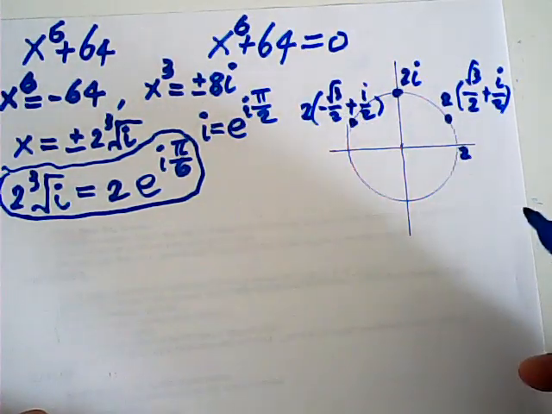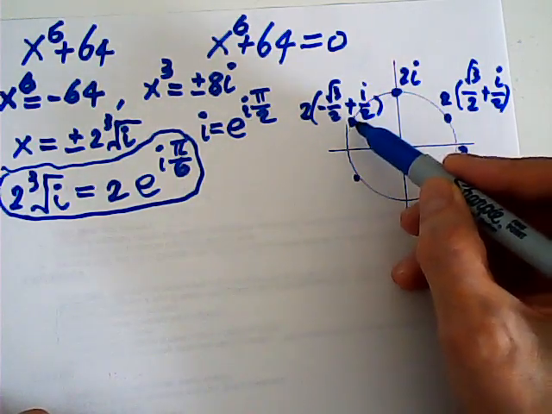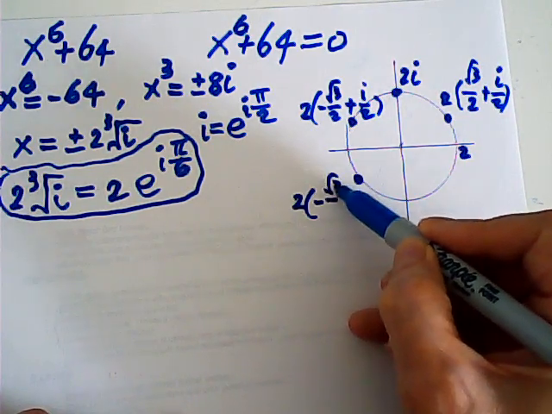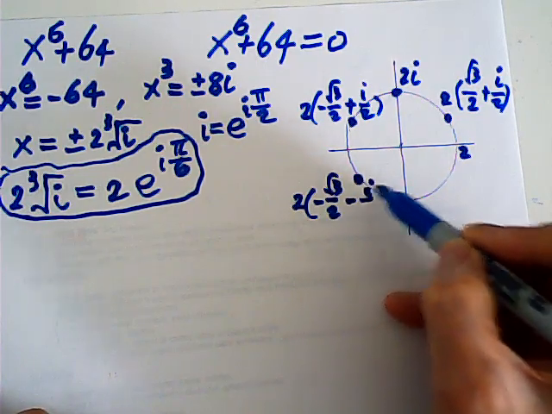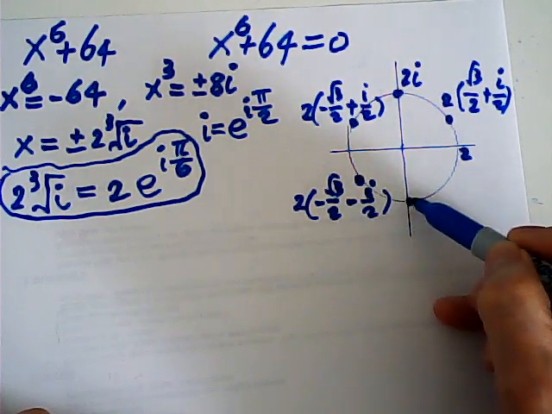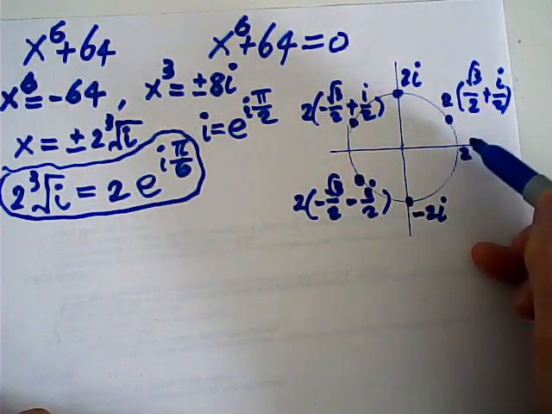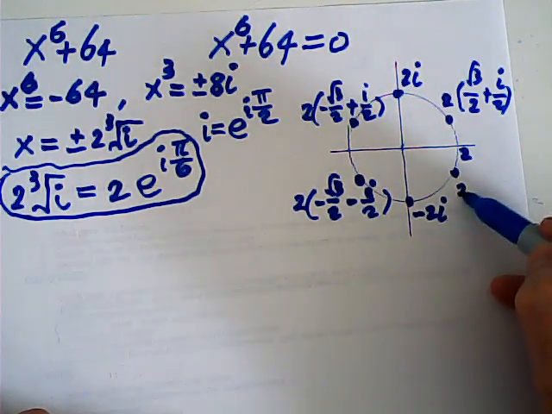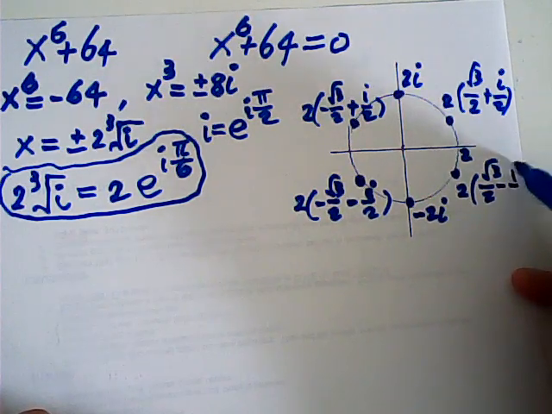Then next, 60 degrees more: 2 times negative root 3 over 2 minus half i. Then another 60 degrees, this is negative 2i. Then another 60 degrees, somewhere here, this is 2 times root 3 over 2 minus half i.